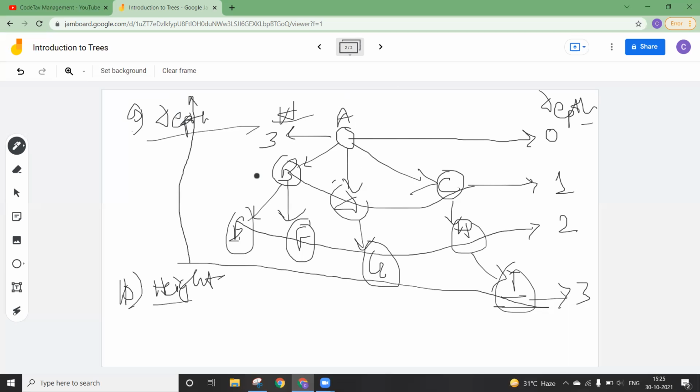This is the ground level, and from the ground level, how far up this node is, that is the height. Now the height of this is 2, this is 1, and here this is 0.